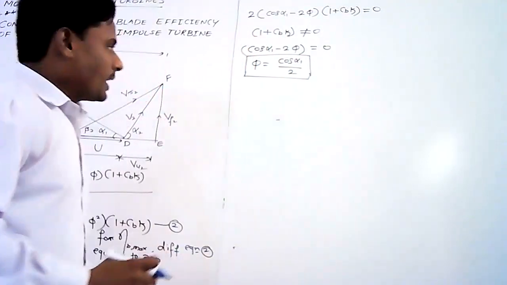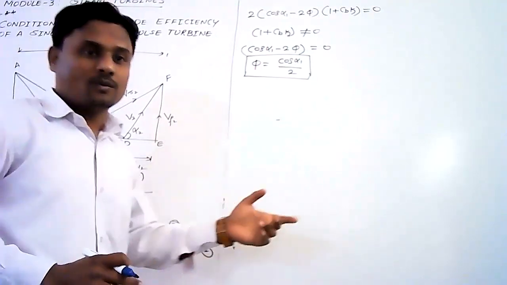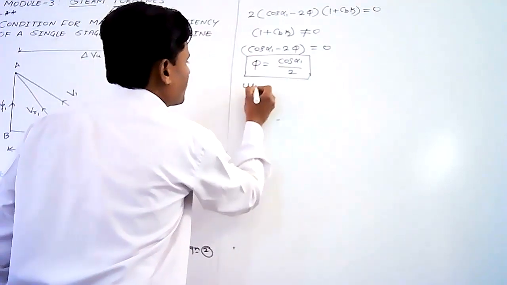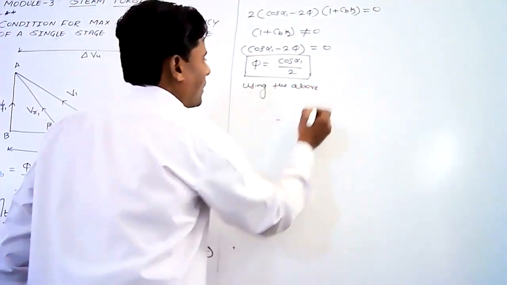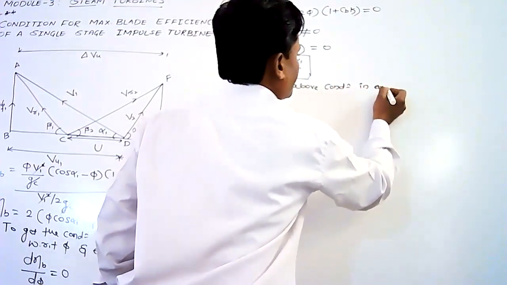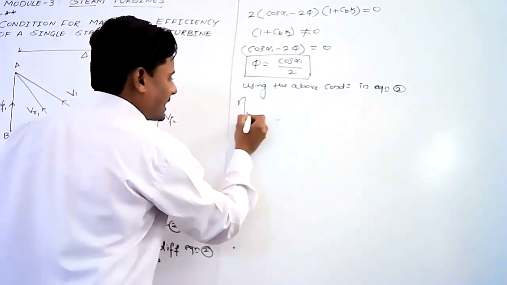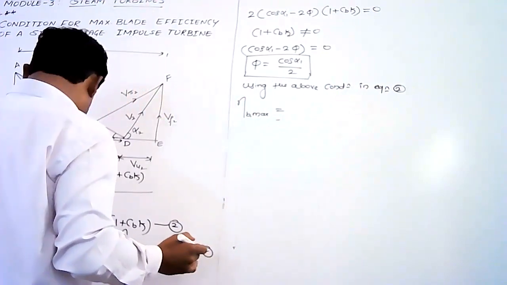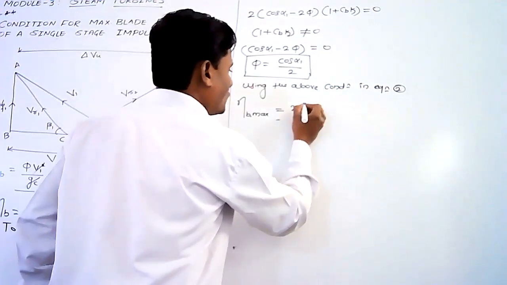Now we have to substitute this condition in equation number 2 to get the final equation for maximum blade efficiency. Using the above condition in equation number 2, I can get the maximum blade efficiency equal to 2, and wherever phi is there, you have to substitute cos alpha 1 by 2.